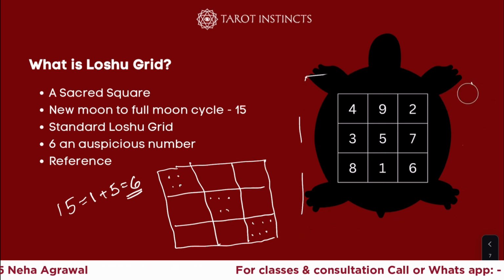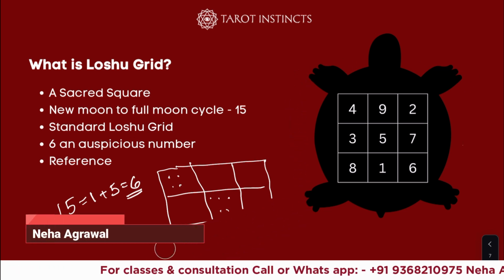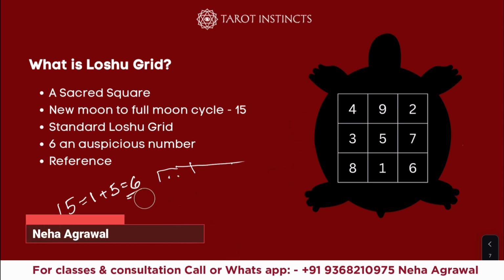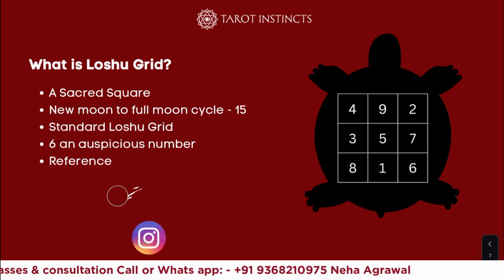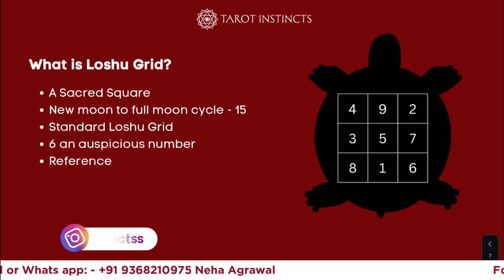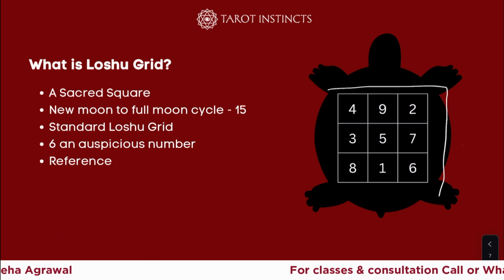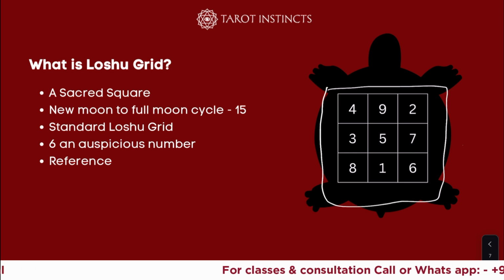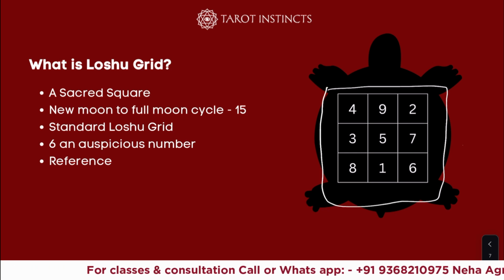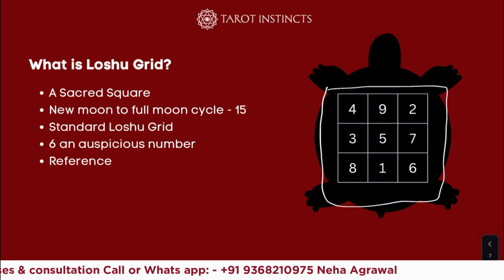I told you in the previous chapter that they try to analyze it more and more. And they started using this Lo Shu chart as a reference chart, because based on this chart, they started decoding one's life, one's destiny, personality, and weaknesses.